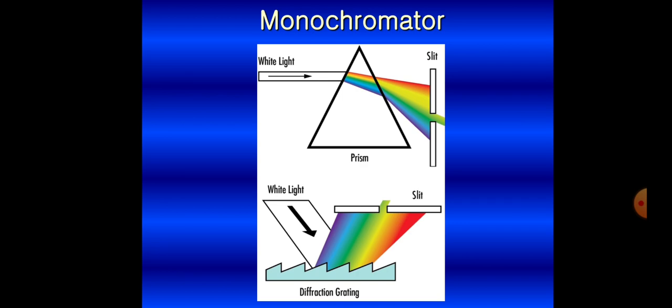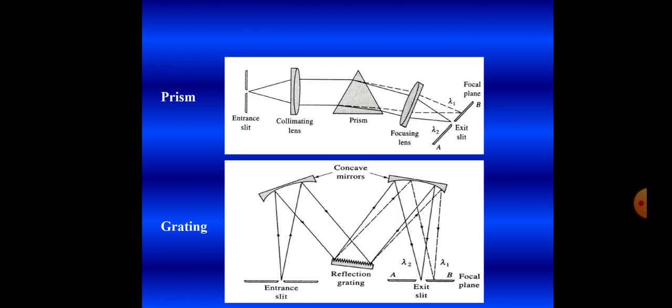And in the lower part you can see a diffraction grating. In old days usually the prism was more common, but today the grating is more common than the prism, because a grating is much more efficient. But what is a grating and how does it work?